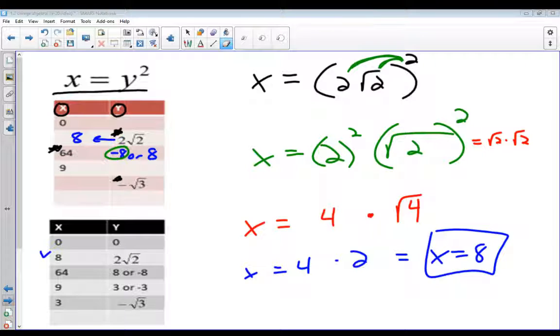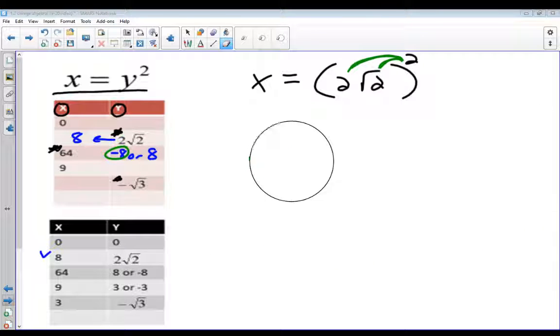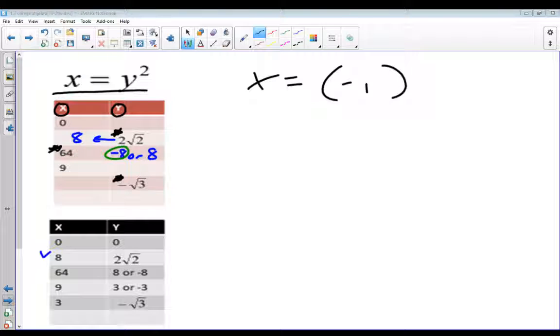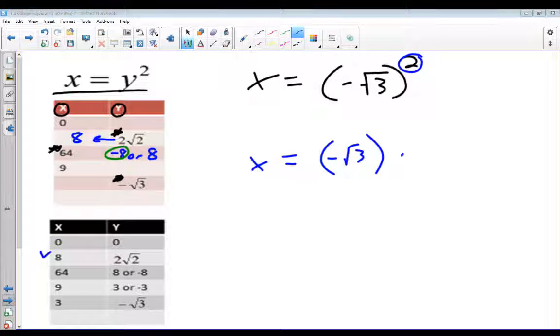And now one more example to show you, and then we'll move on. Now what if we plug in negative root 3? Plug that in for y, solve for x. Sorry. Now, as you guys know, when you square something, it's the same thing as taking negative root 3 times itself.